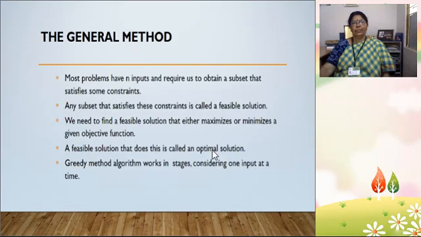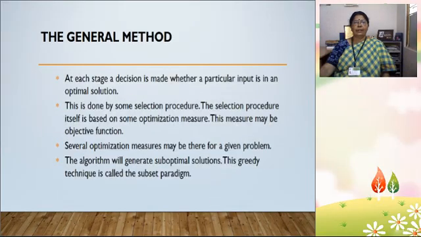In order to find the optimal solution, the greedy method works in stages. It considers one input at a time. Before adding the input to the solution, it checks whether it satisfies the given constraints. Let us see how it works. At each stage, a decision is made whether a particular input is in an optimal solution.